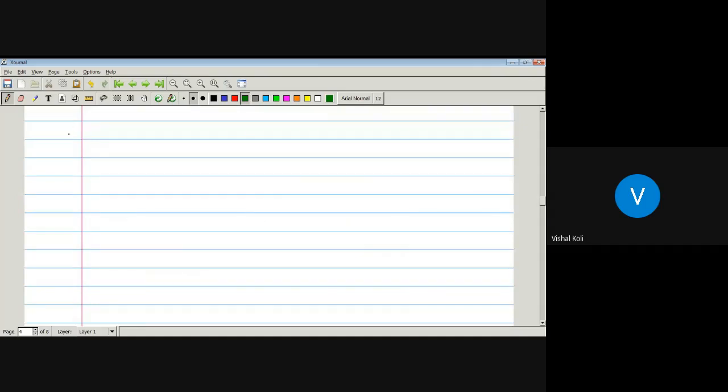Now, the next concept is nothing but the fundamental theorem of algebra. Okay, let us see the statement.